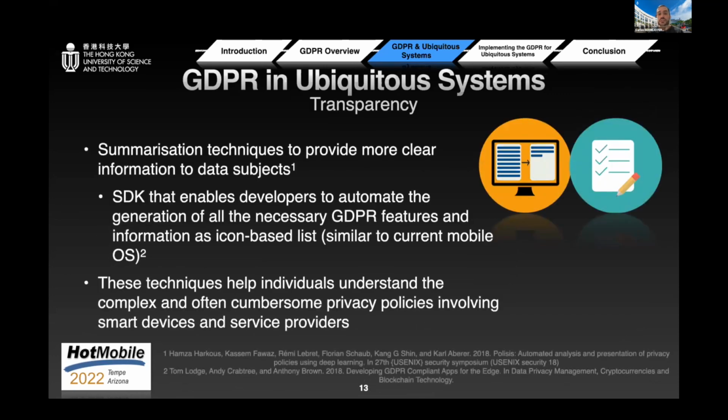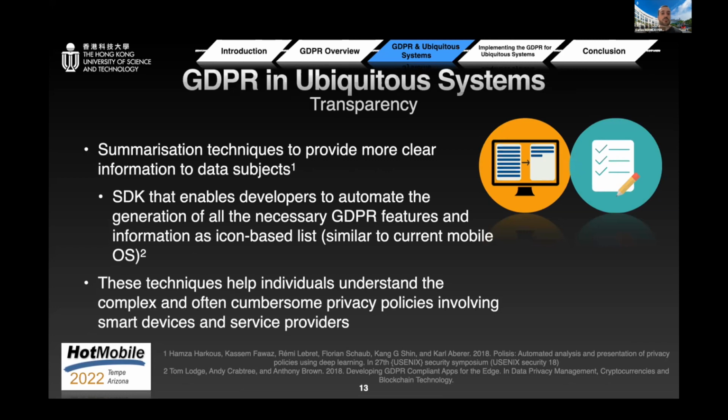Then transparency is how can we inform the users about the data collection practices? There have been papers talking about summarization techniques to summarize these privacy consent notices in a more explainable manner, or understandable for the individuals, in this case data subjects.